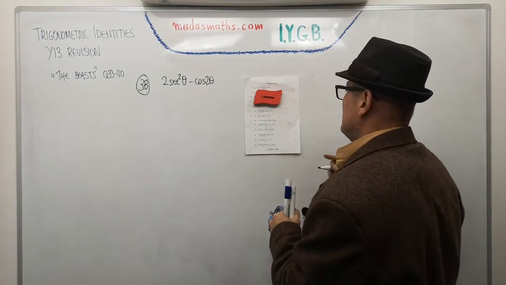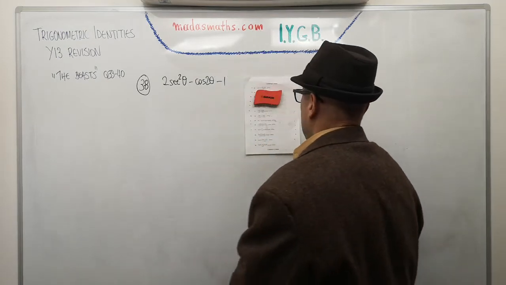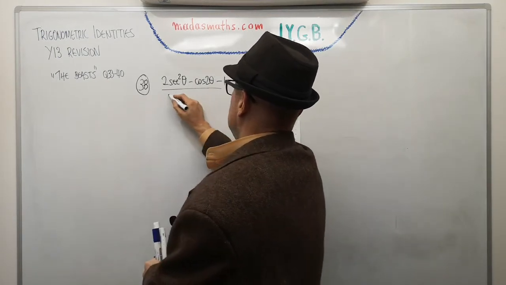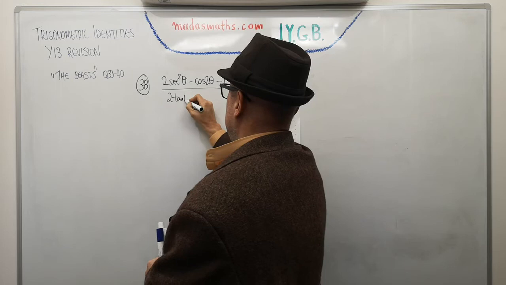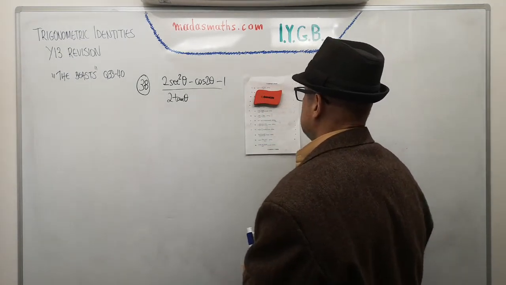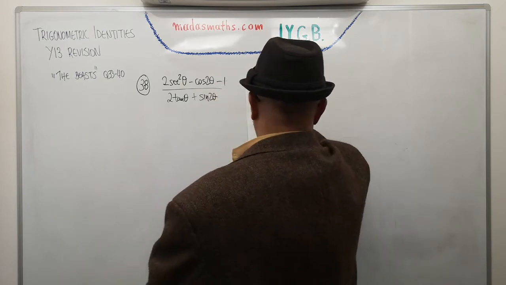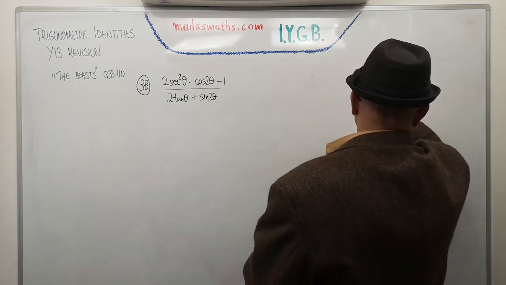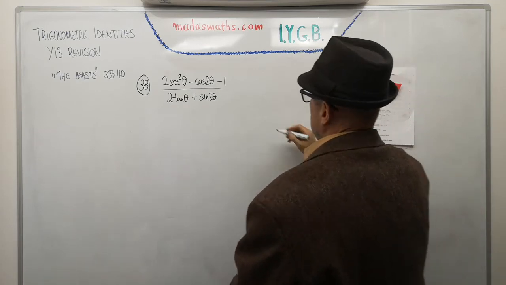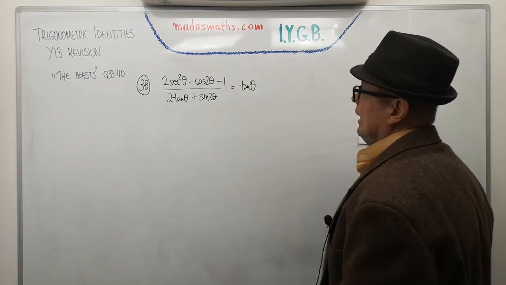So 2 sec squared theta minus the cos of 2 theta, minus 1 over 2 tan theta plus the sine of 2 theta, is a mess, is equal to this. All of this should give us just tan theta is equal to tan theta.